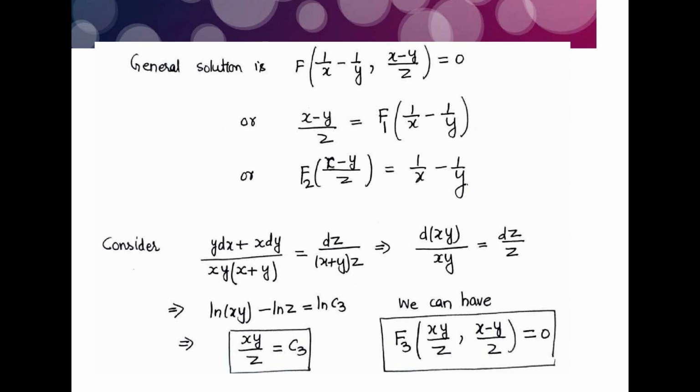We can rewrite this general solution in two other forms, u equal to some arbitrary function of v, or v as some arbitrary function of u. So out of these three solutions given by capital F, capital F1 and capital F2, all are same.